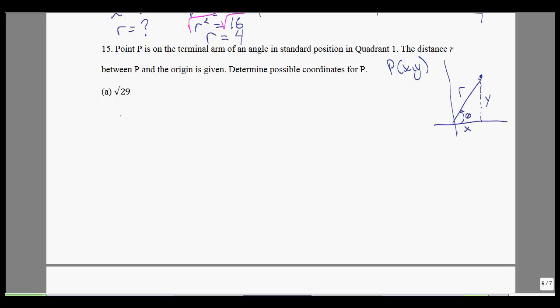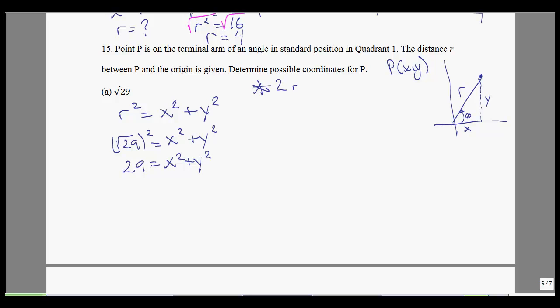But from Pythagorean, we know that our r squared equals our x squared plus our y squared. Plugging in for r, we have root 29 squared equals x squared plus y squared, leaving us with 29 equaling x squared plus y squared. We need to find two numbers whose squares equal 29.